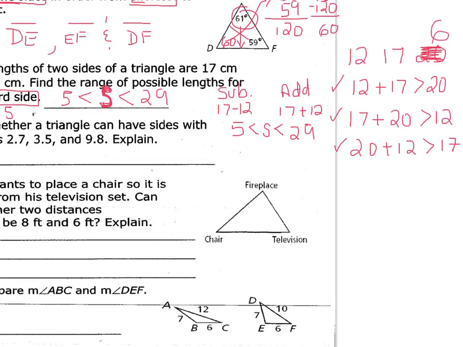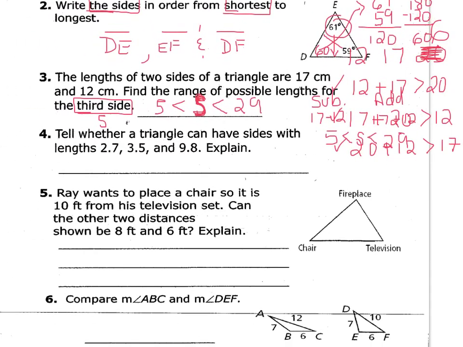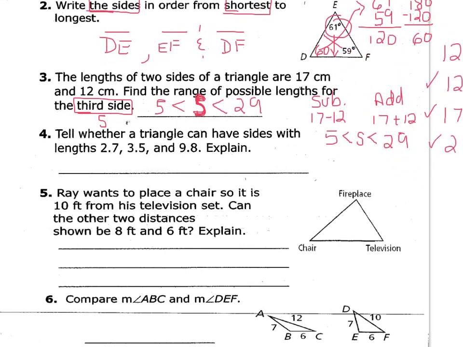No? Okay, next problem. Problem number 4 says, tell whether a triangle can be formed with the lengths 2.7, 3.5, and 9.8. What was the answer to number 4? No, you can't have a triangle with those three sides. Why not? What was the one combination that doesn't work? 9.8 plus 3.5 is not greater than 2.7.